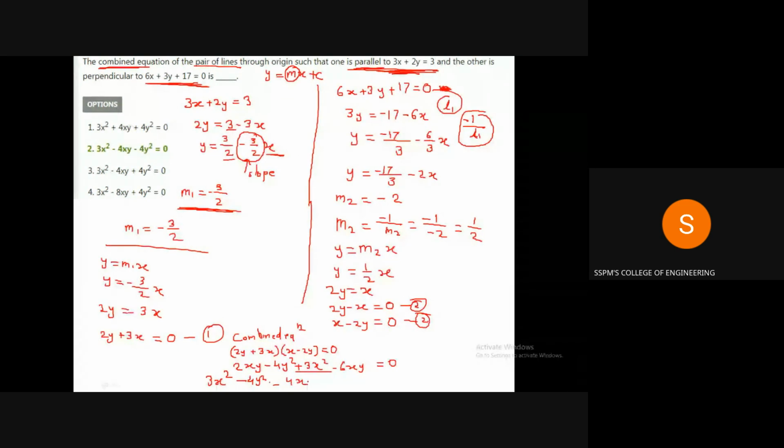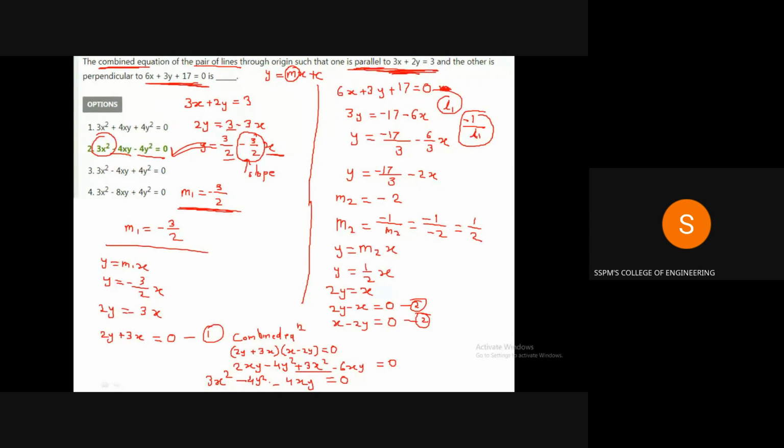Minus 4xy is equal to 0. This is the required combined equation. So check in the options: 3x square minus 4xy minus 4y square. So this will be the correct option.